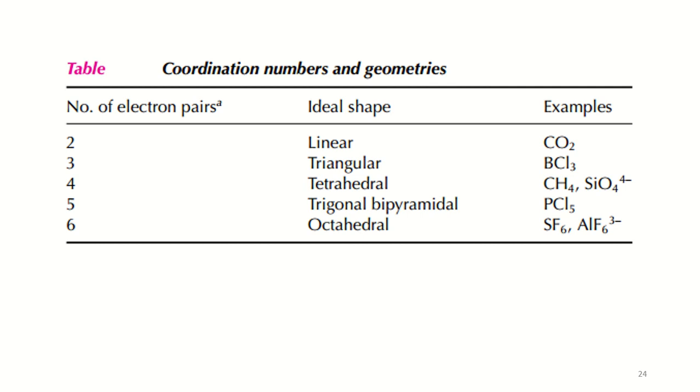In hybridization, s and p and sometimes d atomic orbitals are combined to give an equal number of hybrid atomic orbitals, which are then able to overlap with atomic orbitals on adjacent atoms, leading to covalent bond formation.